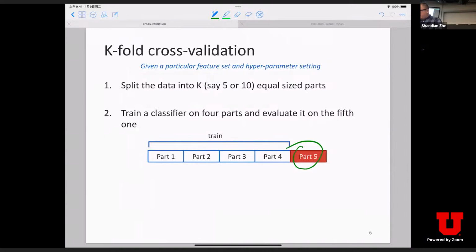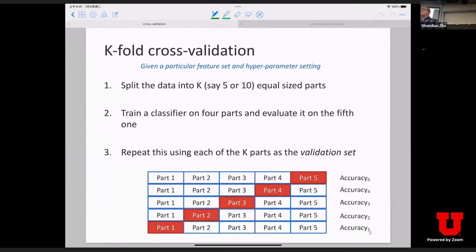Then I can evaluate, under some particular choice of C, for example C equals 0.1, what is the general performance? And of course, doing the test on only one part will not be sufficient. I will repeat it 5 times.